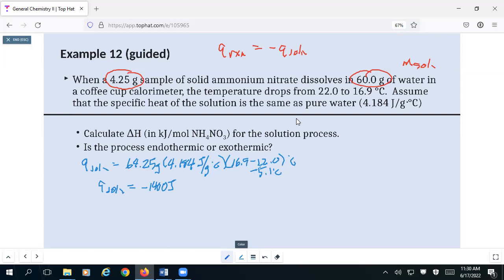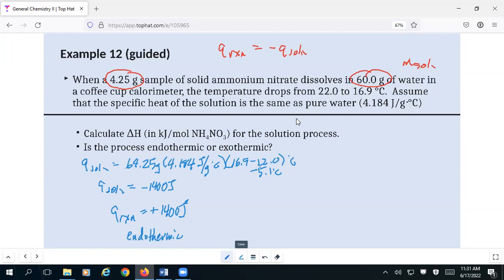Since the heat of the reaction is opposite the heat of solution, that means the heat of reaction would be a positive 1,400 joules. This should answer the second question. Second question, is this endothermic or exothermic? It's endothermic. The heat of the reaction is increasing. It's positive.